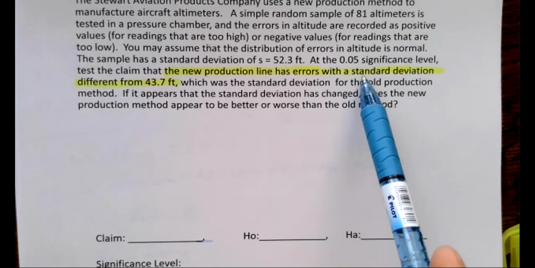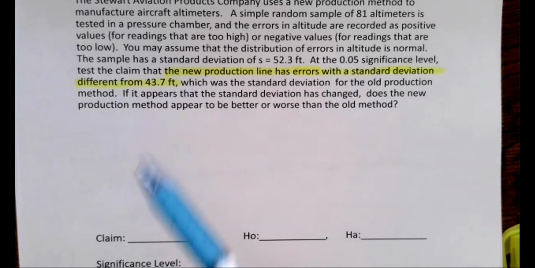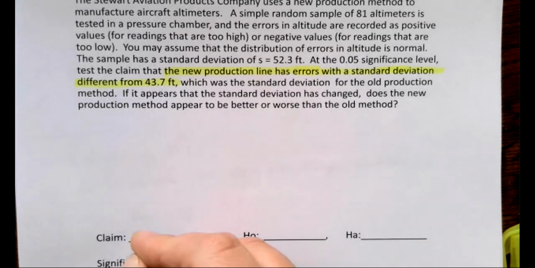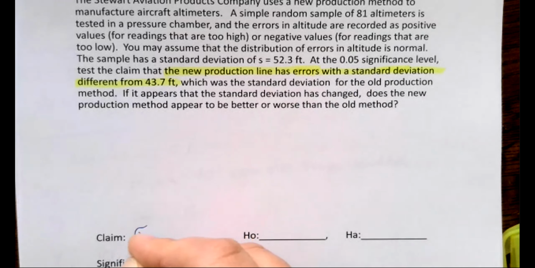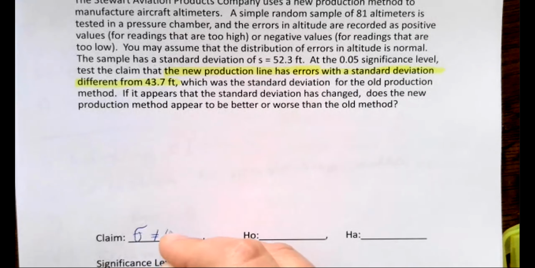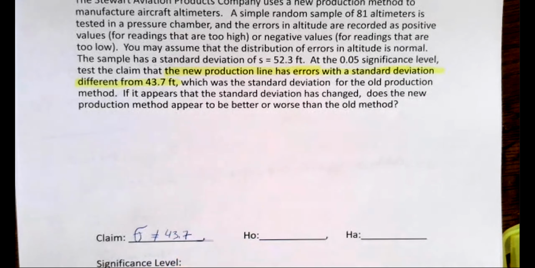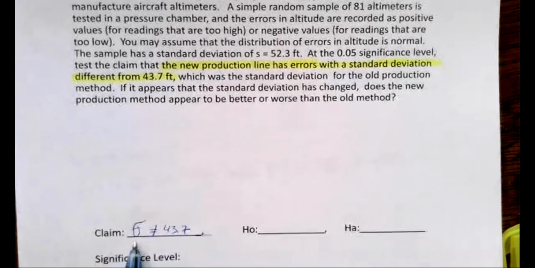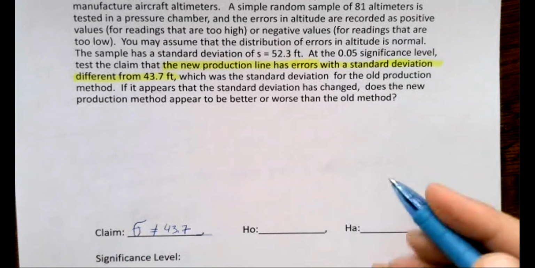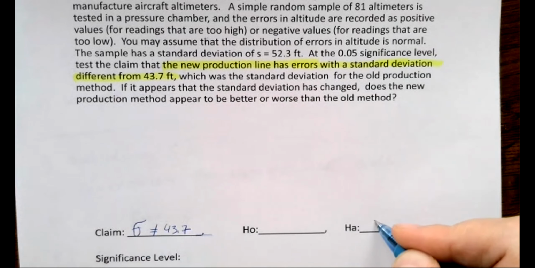And remember that the standard deviation of the population is sigma. So sigma is different from 43.7 feet, right? Where does it go? It goes into the alternative, our gold standard.